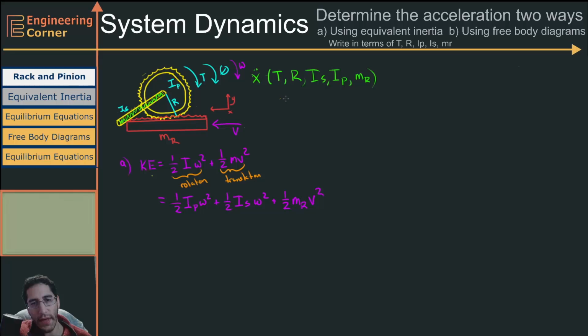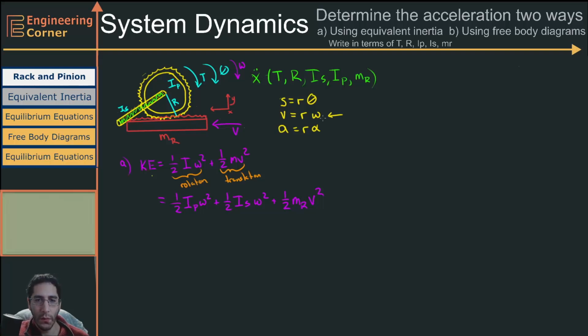And how we do that is we can look at this relationship. So this distance is equal to r times the angular displacement. We can differentiate, so our velocity is equal to r times omega, and this is what we're going to use right now. We can differentiate again, and we get our acceleration is equal to r alpha.